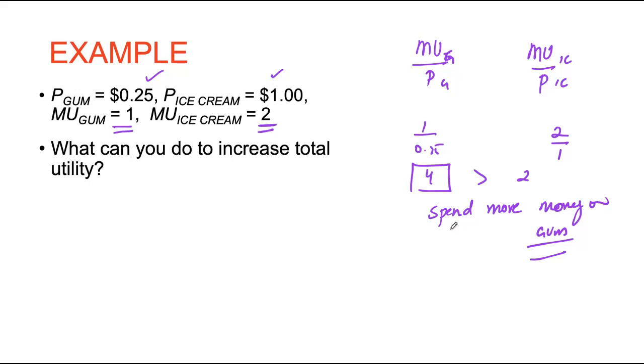So as you spend more money on one good, you necessarily reduce the spending on the other good. So the rational spending rule immediately tells us how should we change our behavior in order to increase our total utility. So in this case, we know we could go to a utility maximizing bundle by simply spending more money on gum and less money on ice cream.